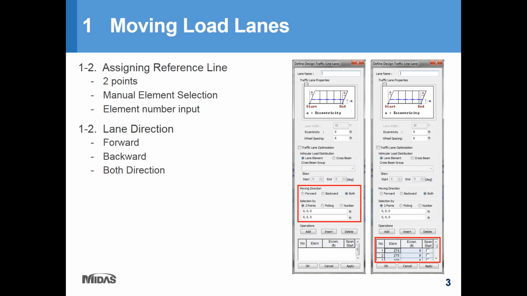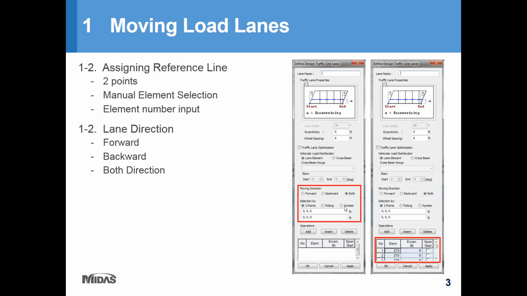Second is picking, manual element selection. The user can manually select the elements that the line lane will be applied to. Once the user selects the elements, they are recorded in the bottom window in numerical order. The third option is element number input.